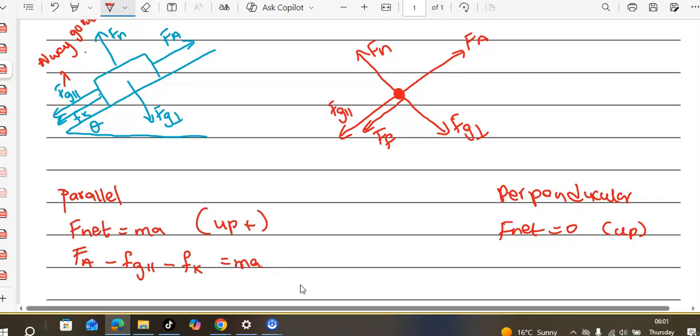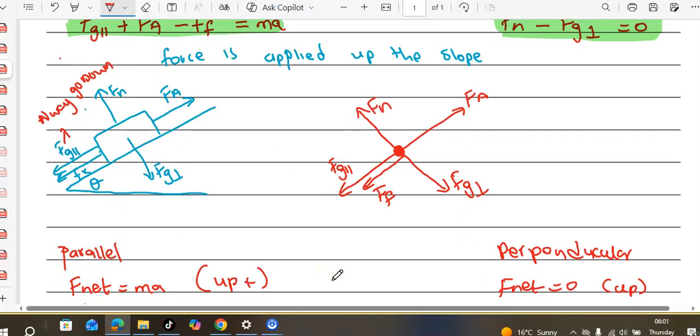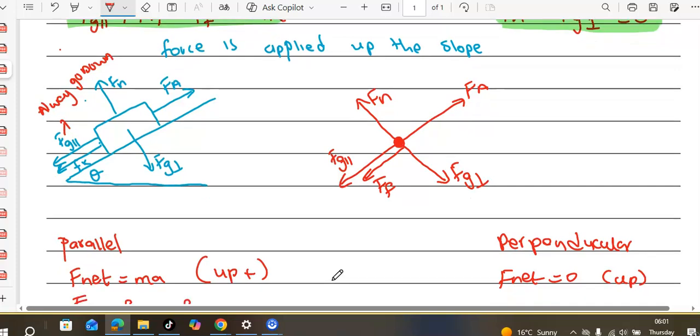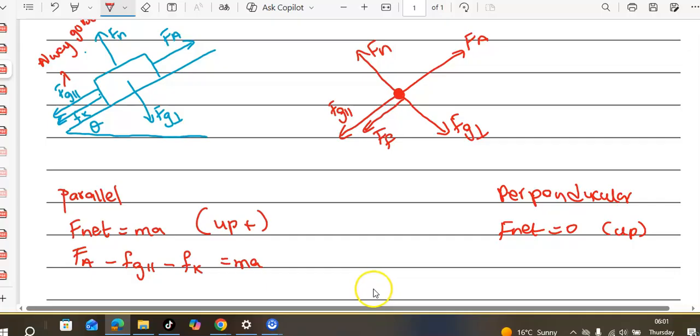So we're going to take the normal force minus FG perpendicular, and this is equal to 0. And that's it. Are you happy with that?